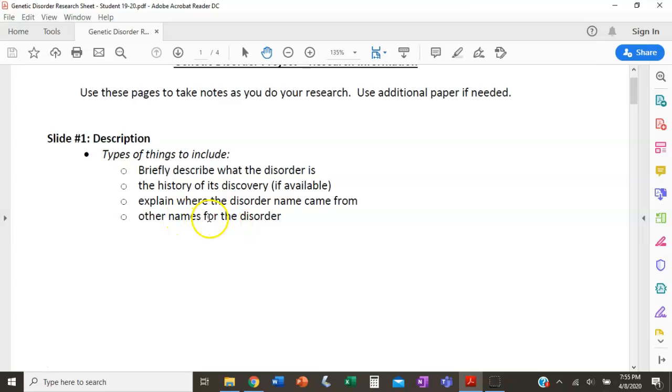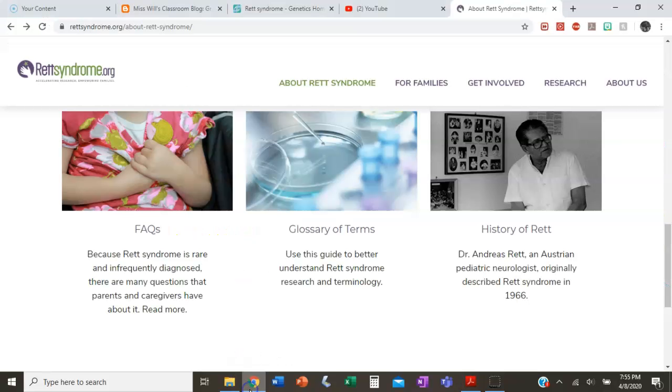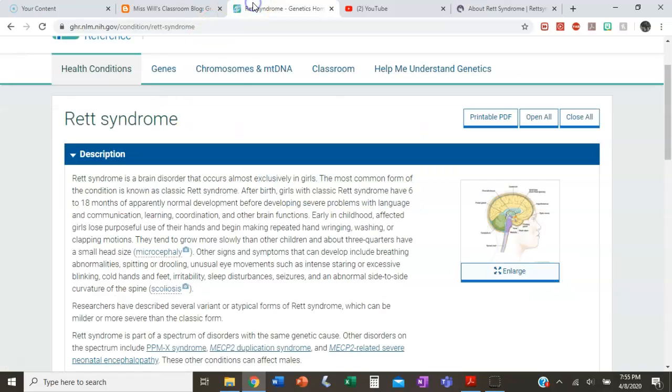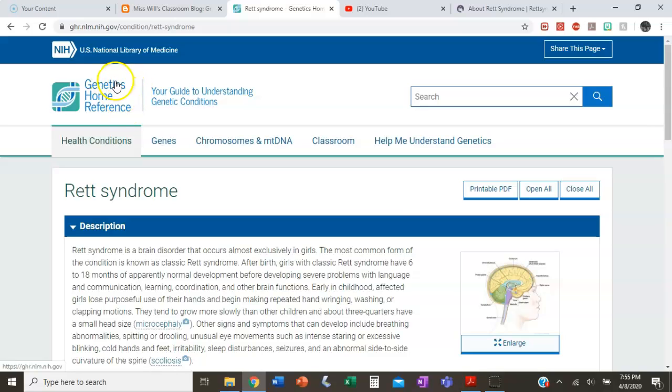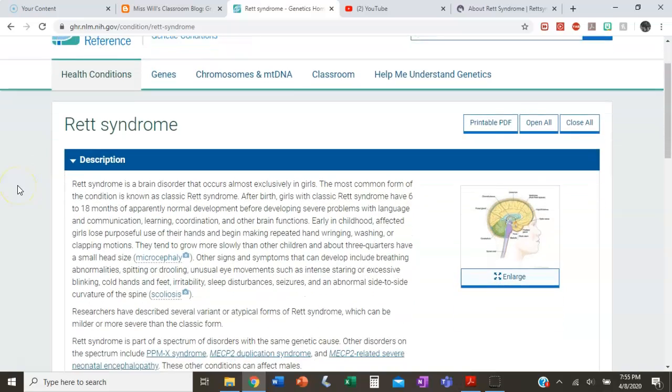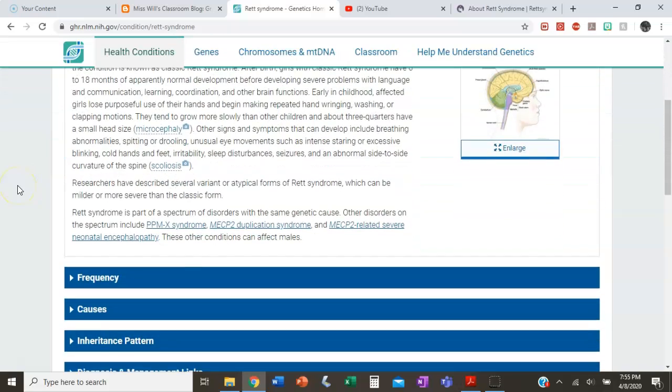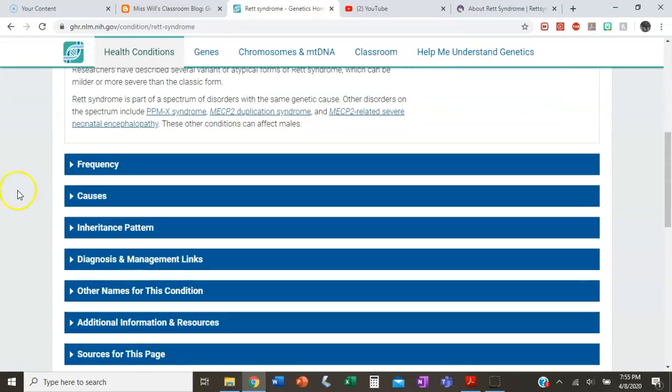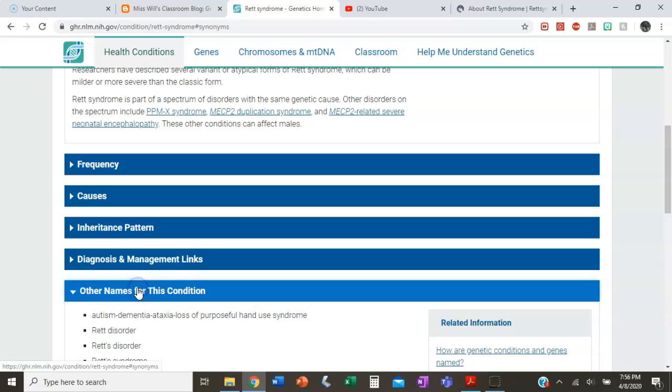Other names for the disorder. Some disorders only have one name, but again, if we go to this website here, it's actually a government website. It's the Genetics Home Reference from the U.S. National Library of Medicine, and this is just a really great starting point for a lot of this. If you look down, you're going to see there is a section called Other Names for this condition.